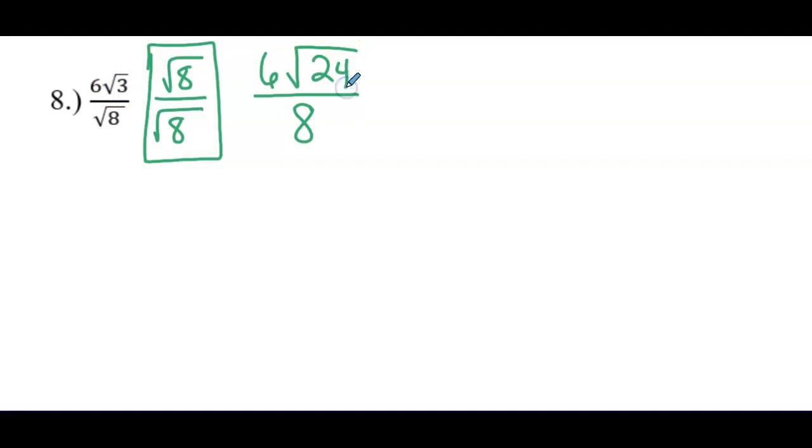24. Now, 24 is not in standard form, so I need to get my 24 into standard form. Are there 2 numbers that involve a perfect square? Or can you do your factor tree for 24?